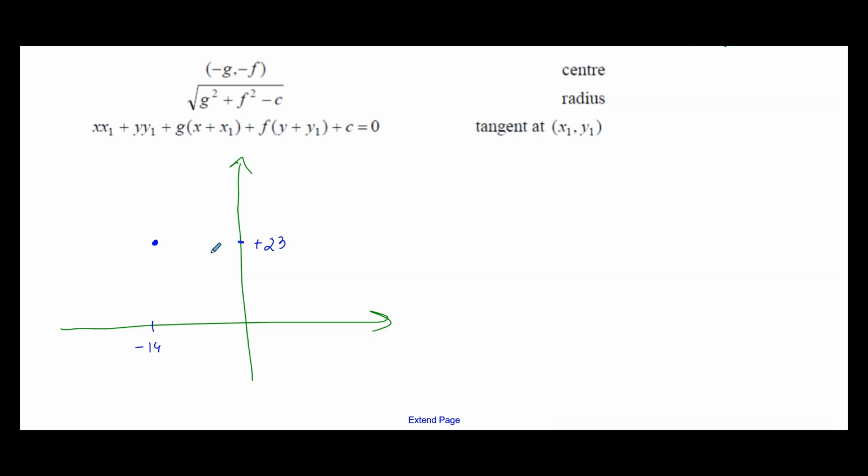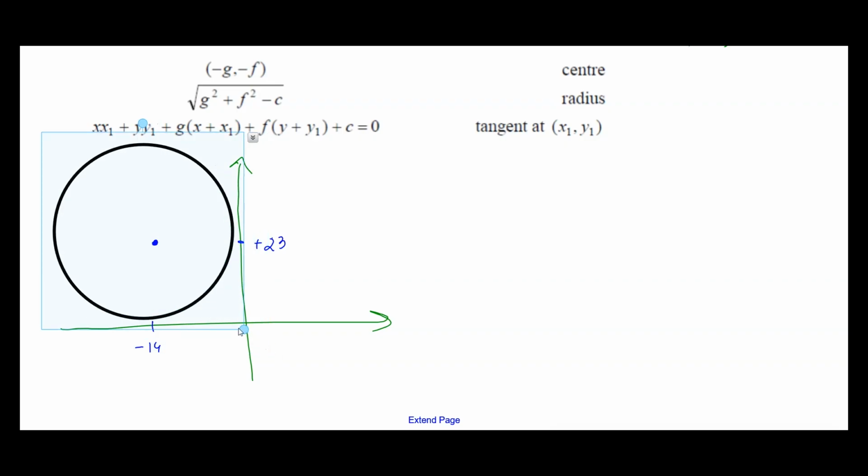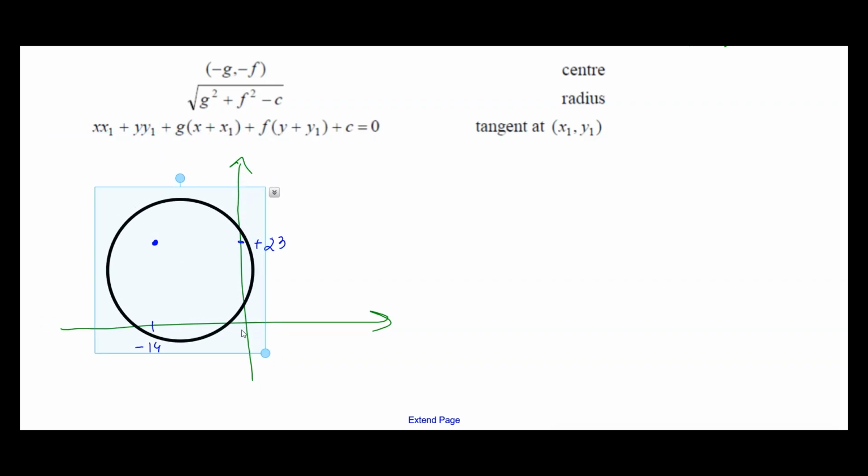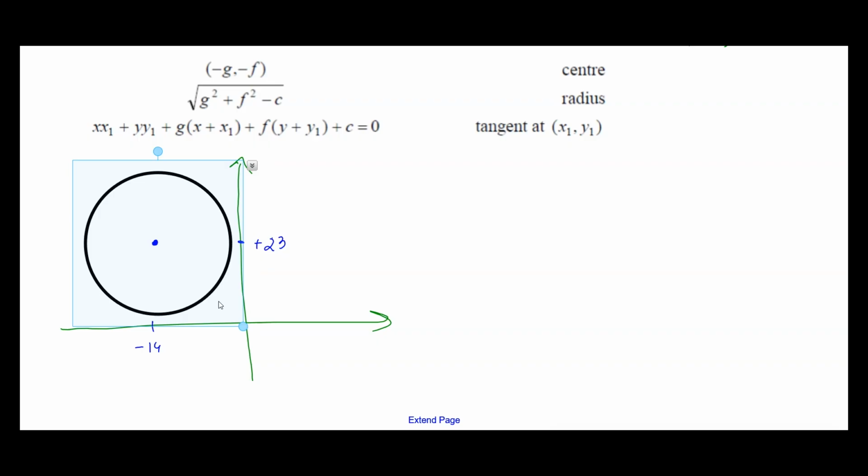Now, I don't know what the radius of that circle is, so let's put some form of a circle here. It's some circle. Actually, let's make it a little bit smaller so that I can do a better drawing. Okay, now that's better. So that's where we have our circle.